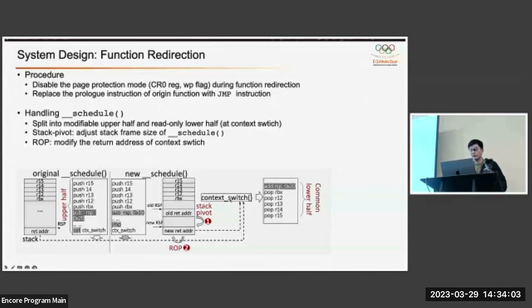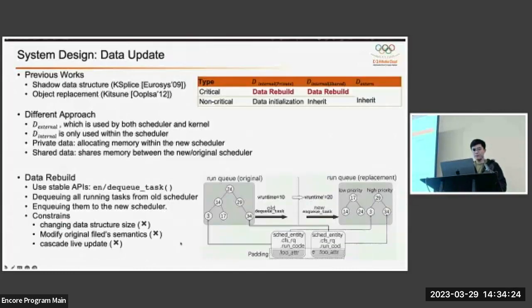To avoid a stack corruption, stack pivot is used to adjust the stack frame size of the new scheduler function. To control CPU execution flow, the return address of context switch is modified to the lower part by using ROP.